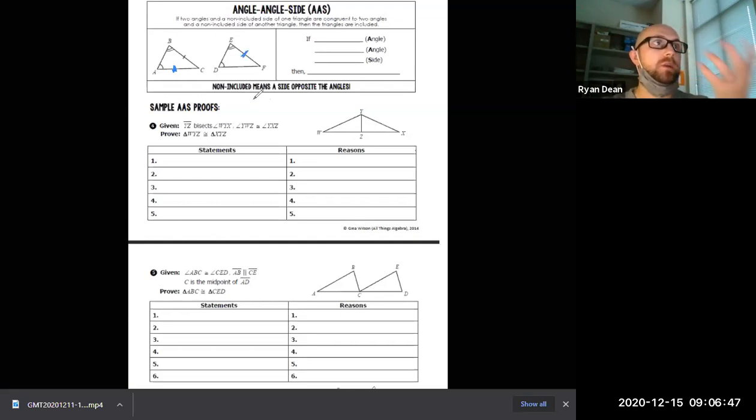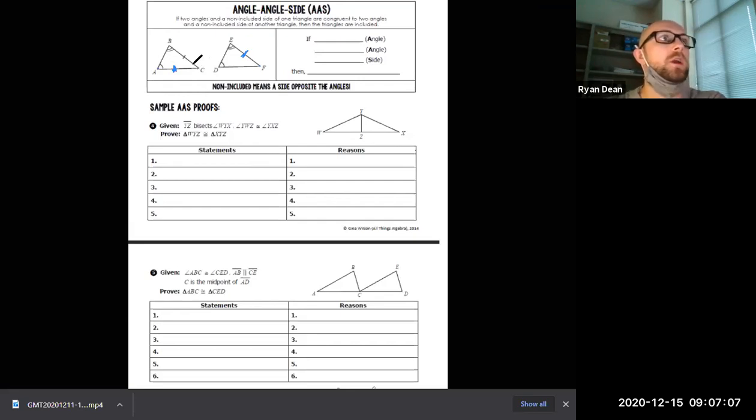Okay, but that would not be true because when we have this picture here, EF is going from the angle that has two hash marks to the one that doesn't.